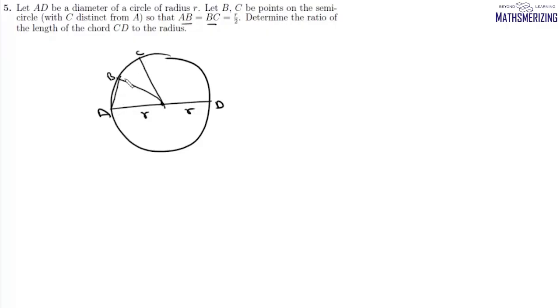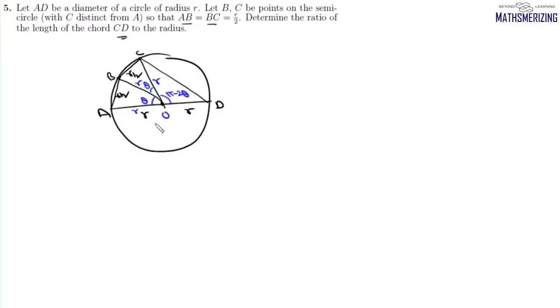Now this AB is r by 2 and this BC is also r by 2. We need to find the ratio of the length of the chord CD to the radius. Now suppose this angle is theta, this angle is also theta, and this angle will be pi minus 2 theta. Now this is r, and this is also r.